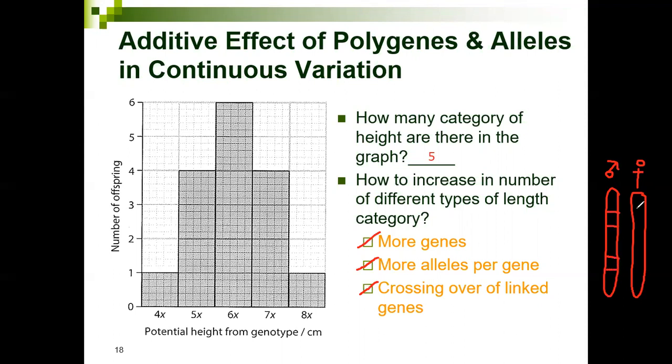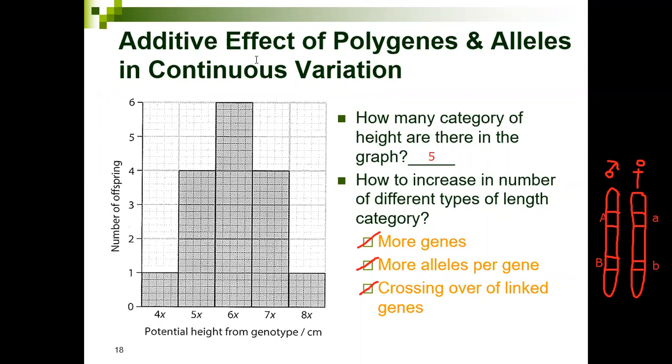So this is the gene coding for height from mother. Let's say father's are all dominant, so we just put A and B. Big A and big B for father's allele, and then mother is small a and small b.